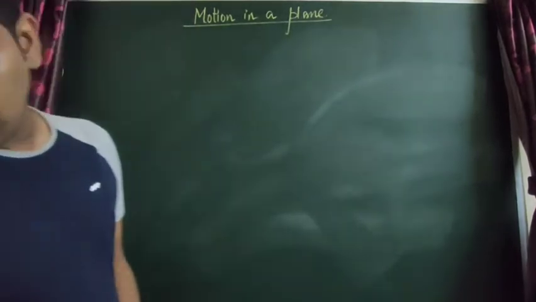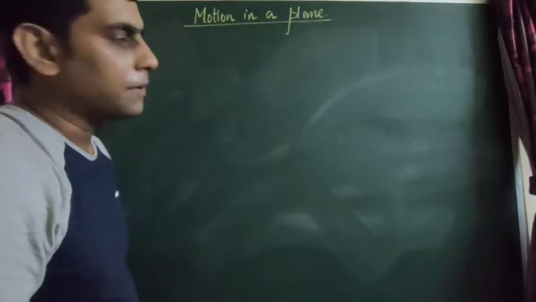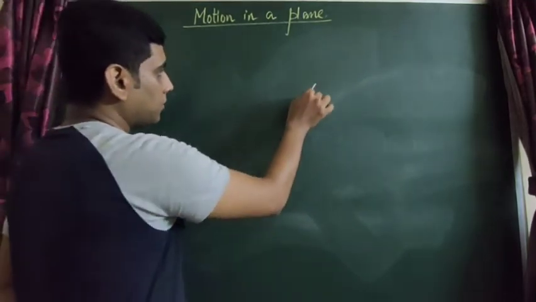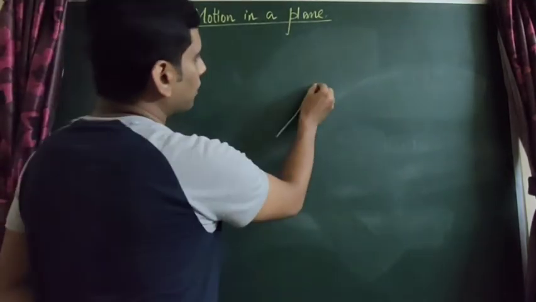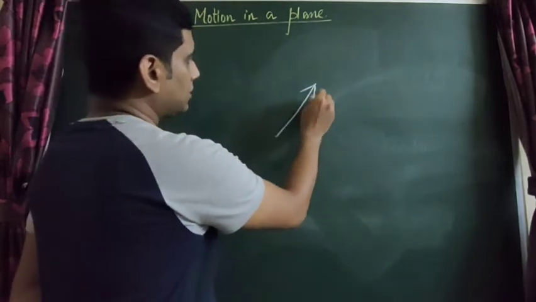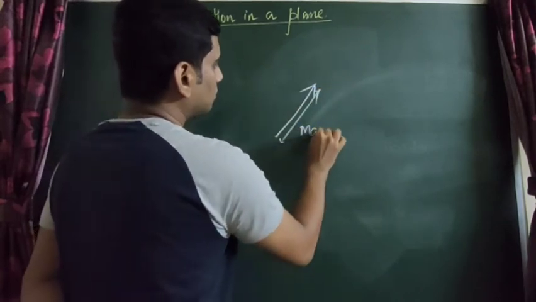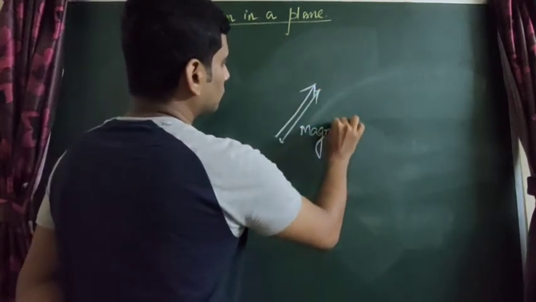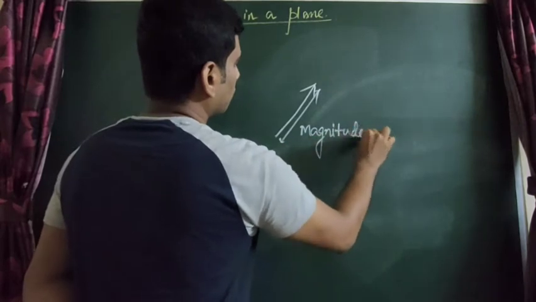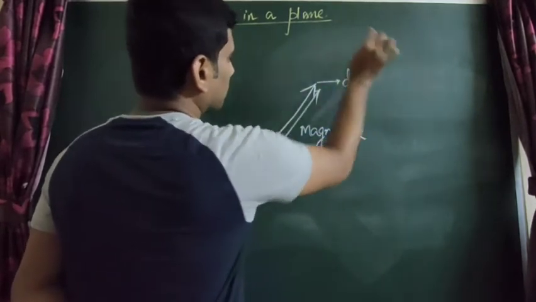To start with, a vector quantity is represented by a line with an arrowhead. This line gives the magnitude, and this arrowhead gives the direction.